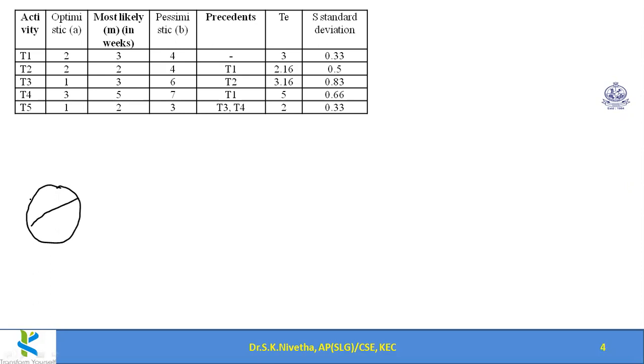Event number 1. So only T1 is having no precedent, so I can start T1.